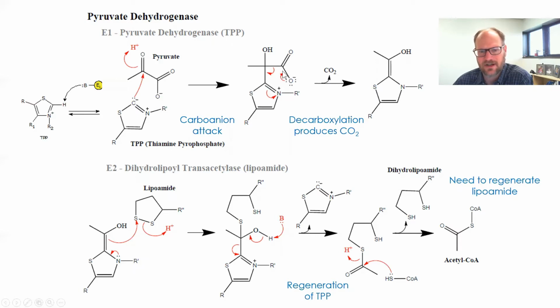So the electrons resonate to here, that kicks this bond off, making a double bond here, and that's stabilized by these electrons resonating back to nitrogen, and that's enabling this decarboxylation reaction.